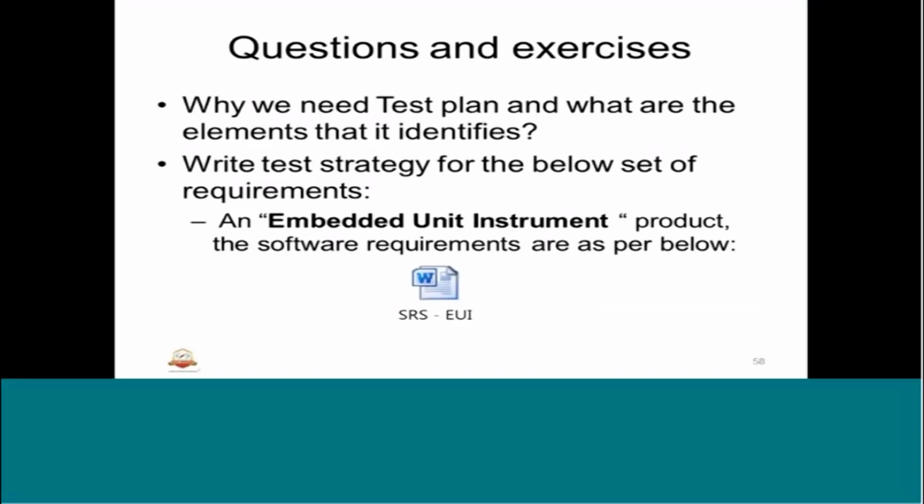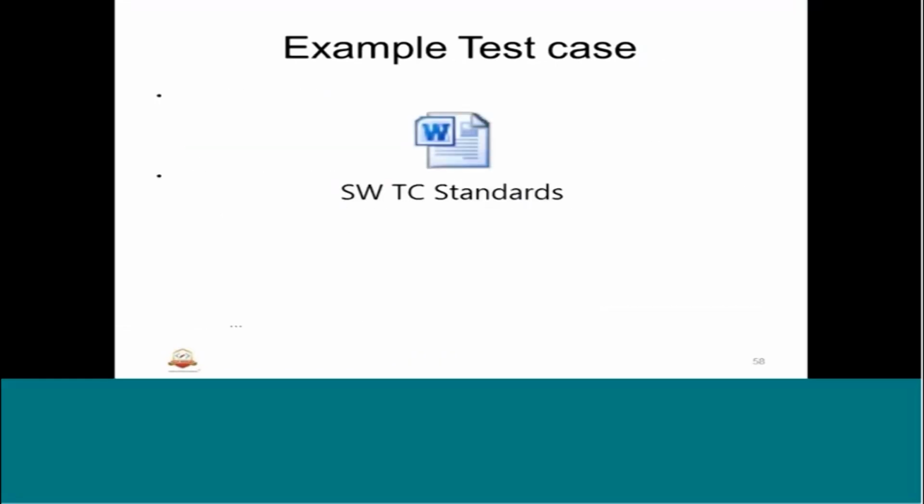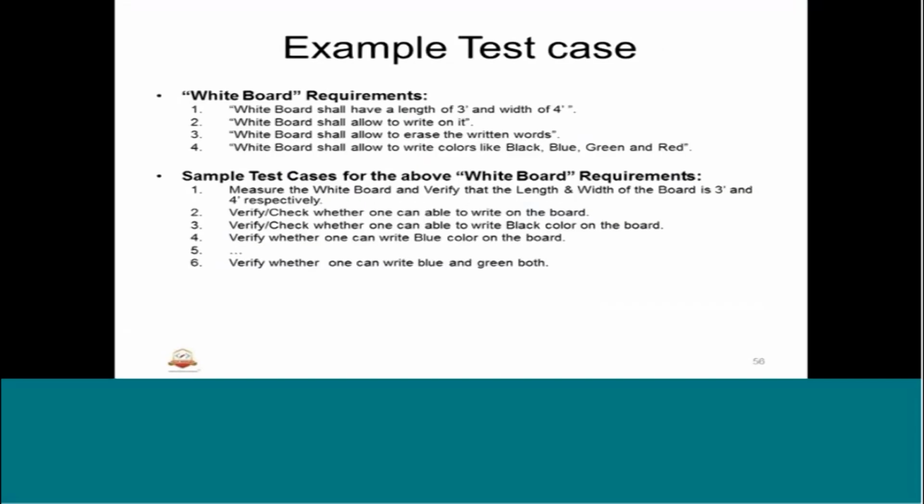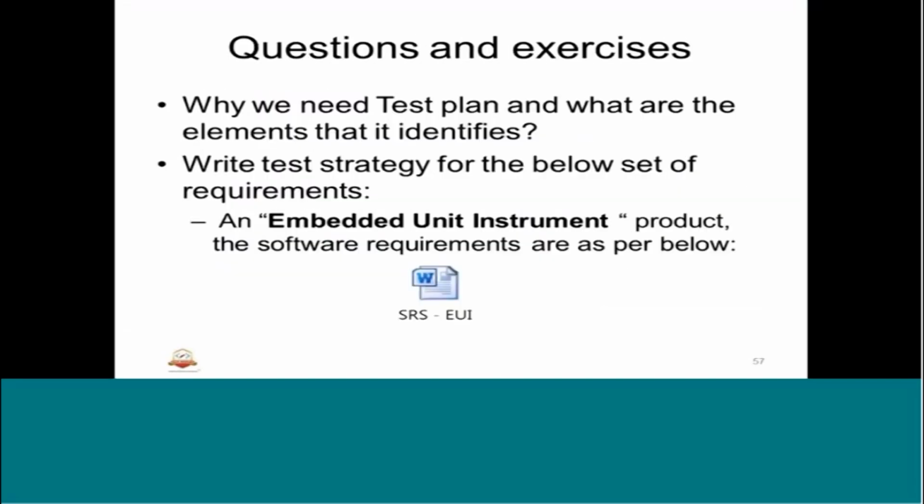Okay, having gone through all these test case standards, test procedures, test specification and plan, I have put a simple question on that side. Why do we need a test plan and what are the elements that it identifies?